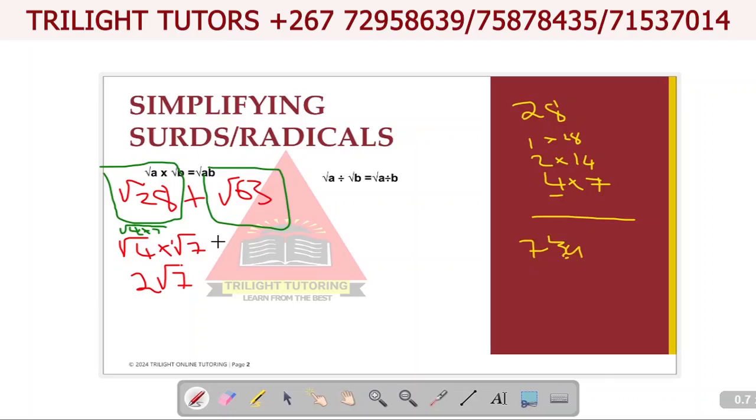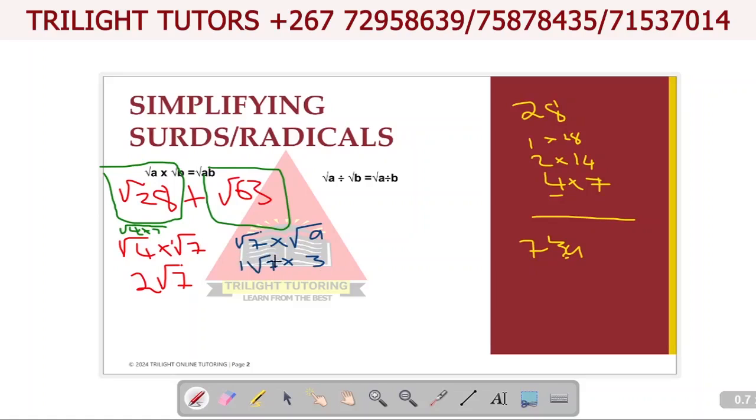Let me say the square root of 7 times the square root of 9. But you can also start with the perfect square. So we know that the square root of 9 is 3, times the root of 7.